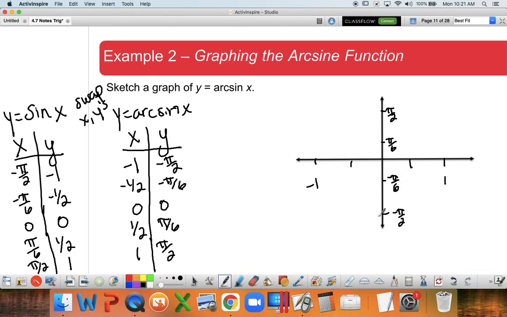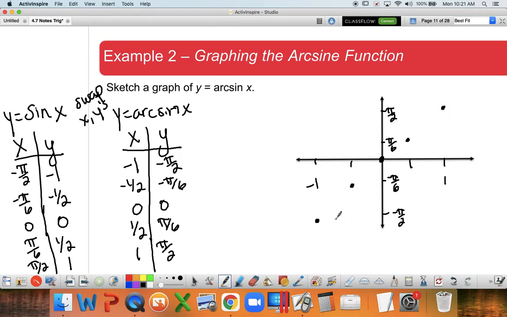I'm going to graph these coordinate points. So I plot right there. Then I plot negative 1/2, negative pi over 6. Then I do negative 1, negative pi over 2, 1/2, pi over 6, and then 1, pi over 2.